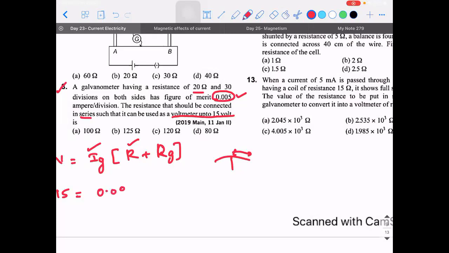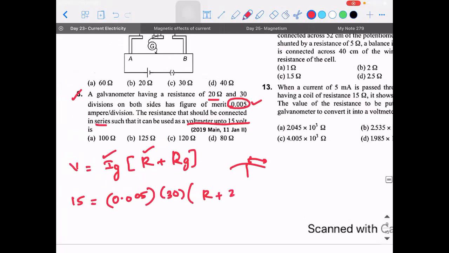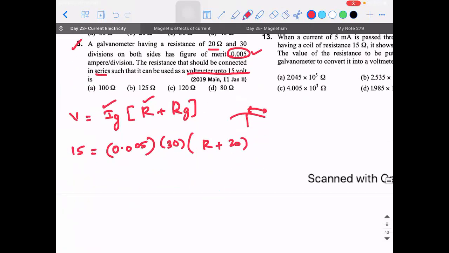So 0.005 multiplied with 30 into R plus Rg, that is 20. So 0.005 means 5 divided by 1000. So 15 is equal to 5 divided by 1000 into 30 into R plus 20.